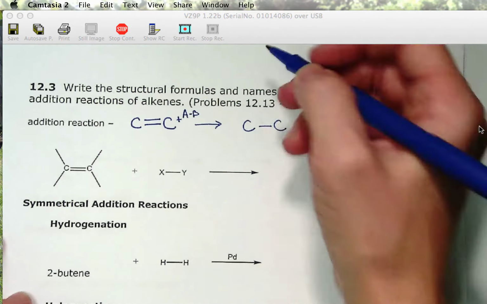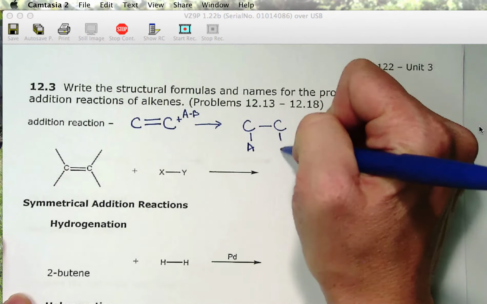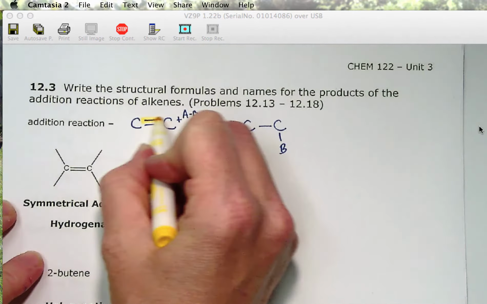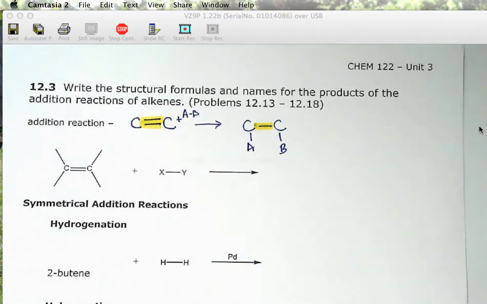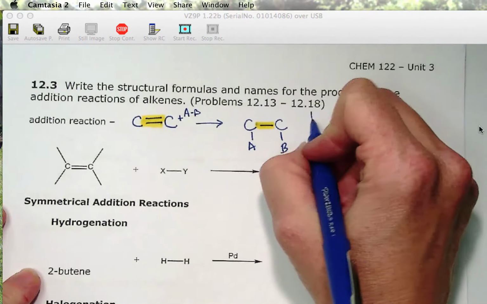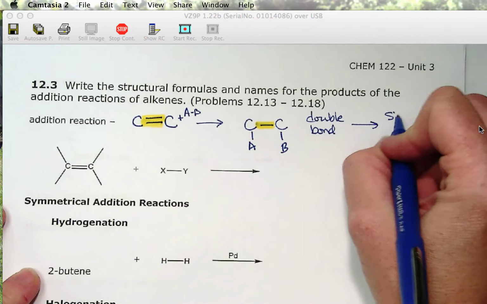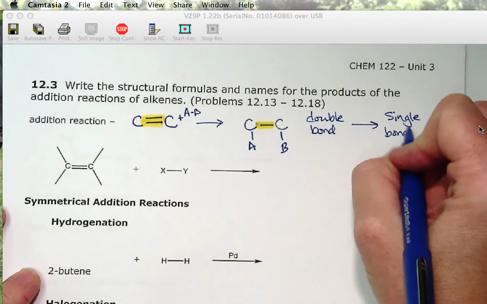I put AB, so now you've added A and B across that double bond. What has happened to your double bond in this process? It's broken. It's gone away. Your double bond goes to a single bond.